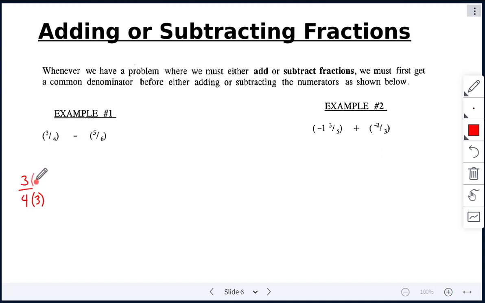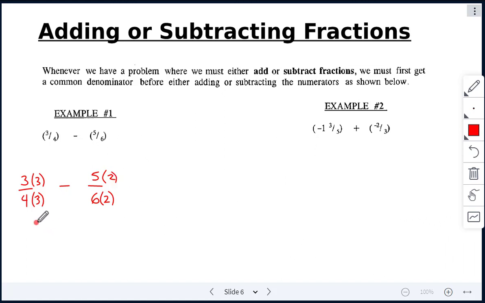So therefore, you have to multiply your numerator by 3 as well. Then we have our 5 over 6. All right, to get from 6 to 12, we have to multiply our denominator by 2. So therefore, you have to multiply your numerator by 2 as well.